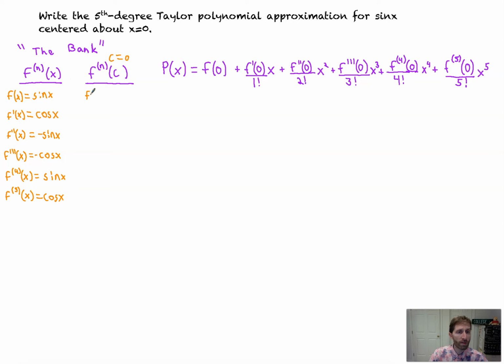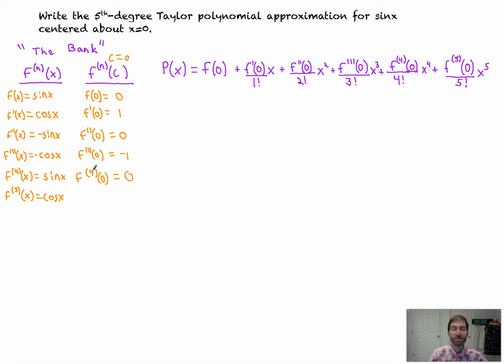Okay, now what we're going to do is plug 0 into these functions right here. So f of 0 is equal to sine of 0, which is 0. F prime of 0 is cosine of 0, which is 1. F double prime of 0, interesting, negative sine of 0 is 0. F triple prime of 0, minus cosine of 0, is minus 1. F quadruple prime of 0, bet you didn't think you'd need quadruple and quintic primes, huh?